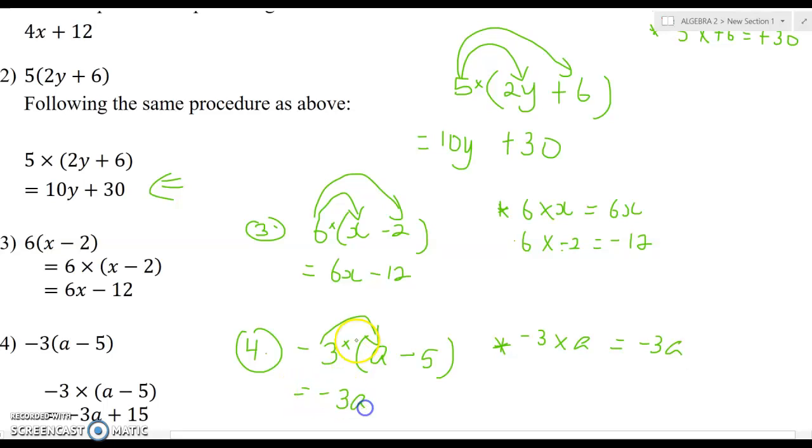And then negative 3 multiplied by negative 5. When you multiply and the signs are the same, negative multiplied by negative is a positive, so you get positive 15. And that's how you get the positive 15 there. Pretty simple, but it needs practice. That's why we did the directed numbers multiplication and division before, and also the addition and subtraction. So look over at those videos.